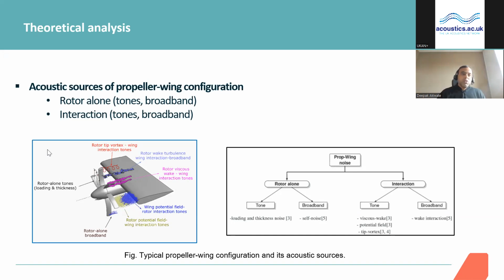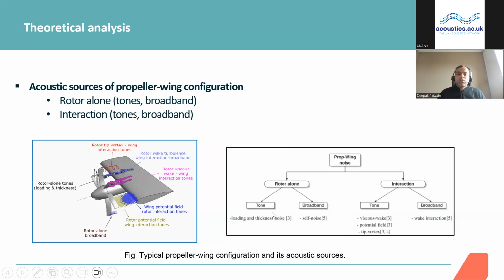We have the bound potential field of the wing interacting with the rotor, or the potential field of the rotor interacting with the wing, as well as the rotor wake turbulence interaction and the tip vortex interaction. There are numerous sources, but in the right hand side figure I have just tried to classify them in terms of rotor alone as well as interaction noise sources.